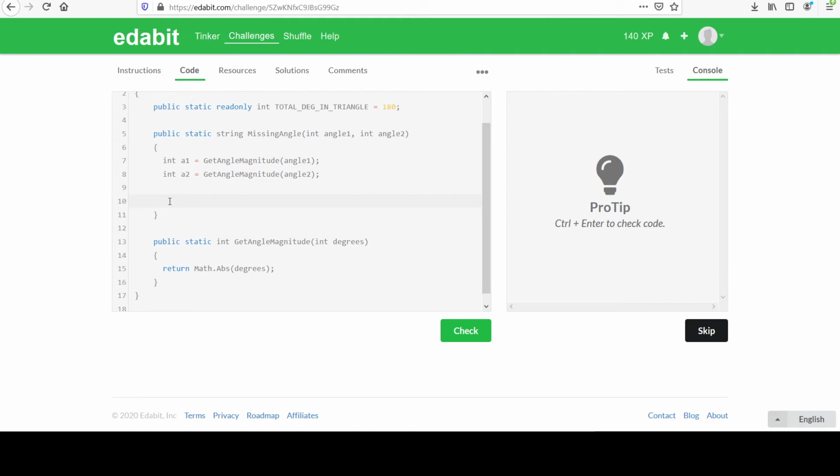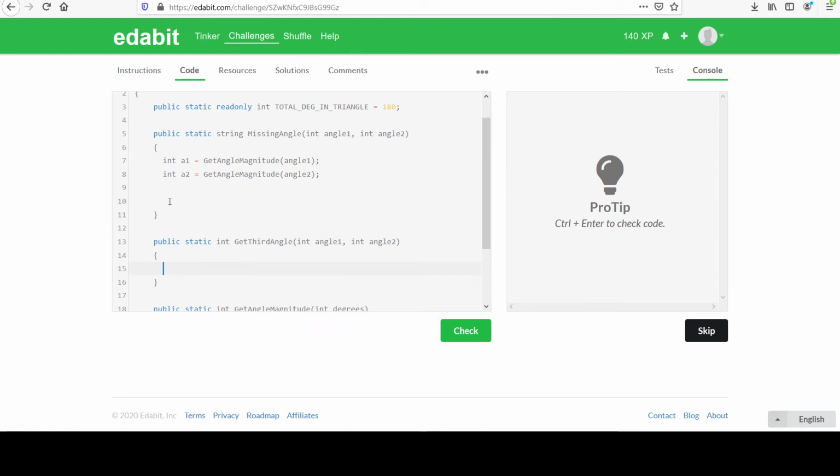Next, let's get the missing angle. Let's make another helper function. We need something that will get the third angle given 2 angles. So let's make a helper to do that. Public static int getThirdAngle, passed int angle1, int angle2.